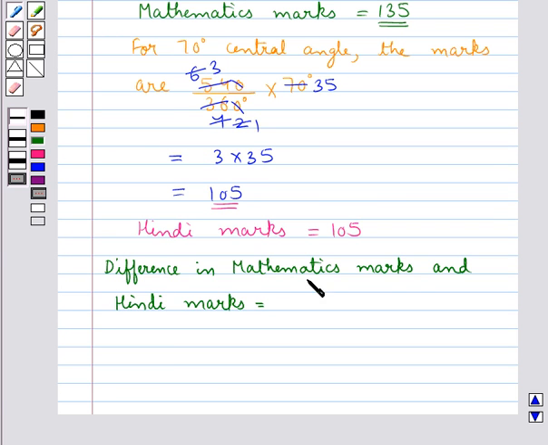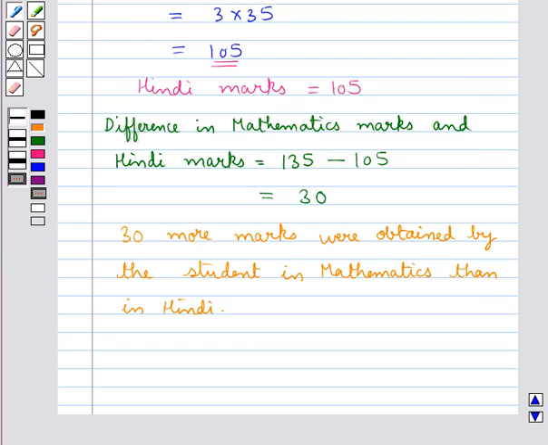Now, the difference in mathematics marks and Hindi marks is equal to 135 minus 105, that is the marks obtained in Hindi. This is equal to 30. So we say 30 more marks were obtained by the student in mathematics than in Hindi. This answers the second part of the question.